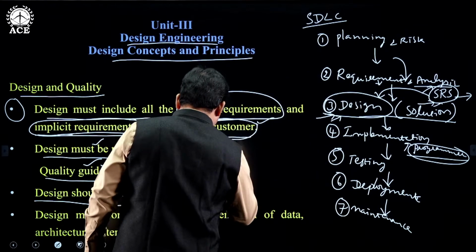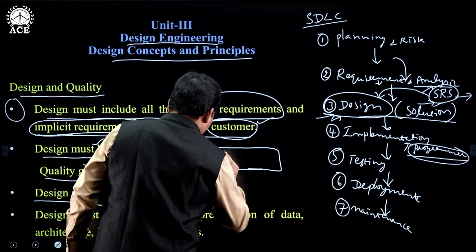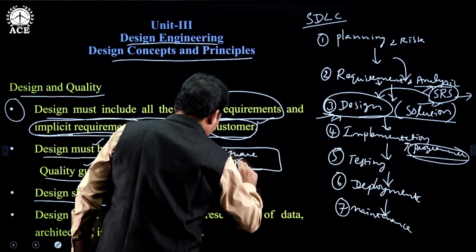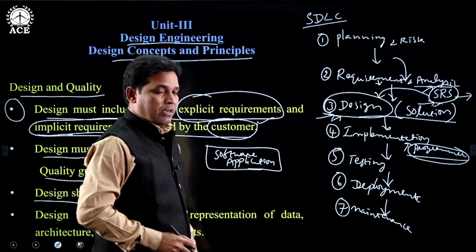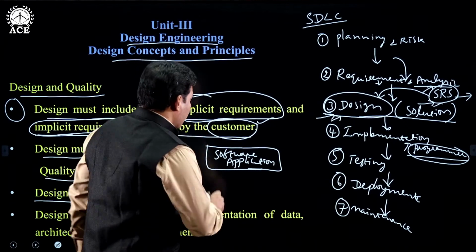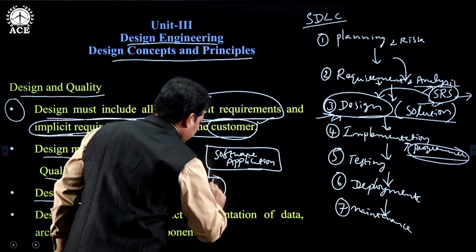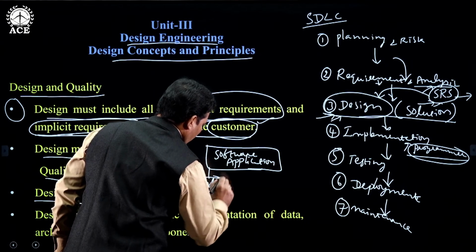That means, let's see here, this is a large complex software application, which gets divided into modules. That is module 1, we call it module 1.